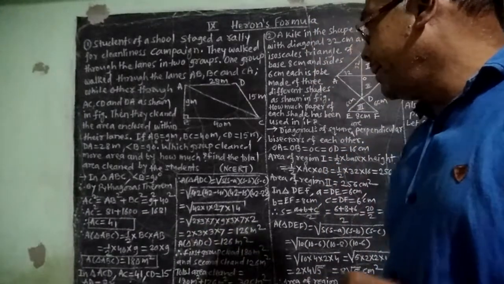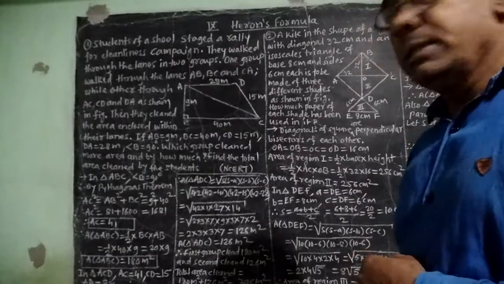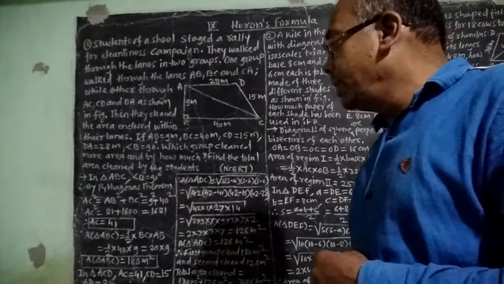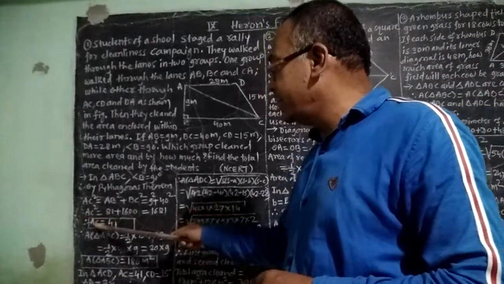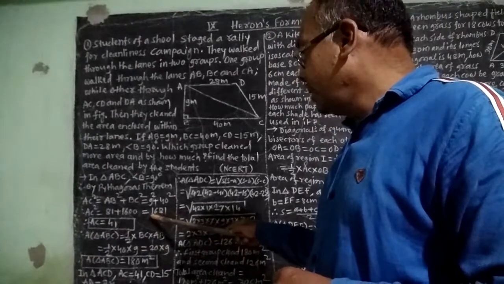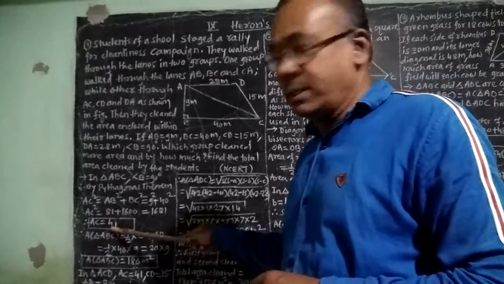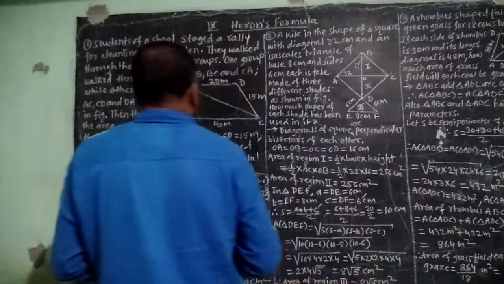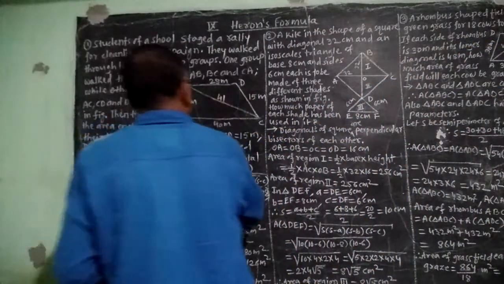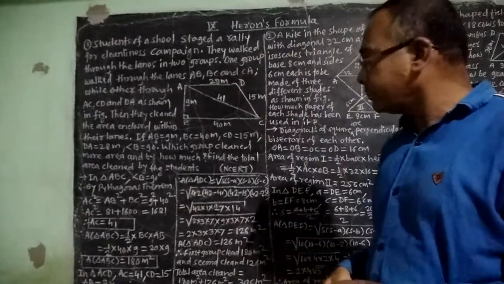Taking square root on both sides we will get AC, and square root of 1681 is 41. So AC is equal to 41 meter.